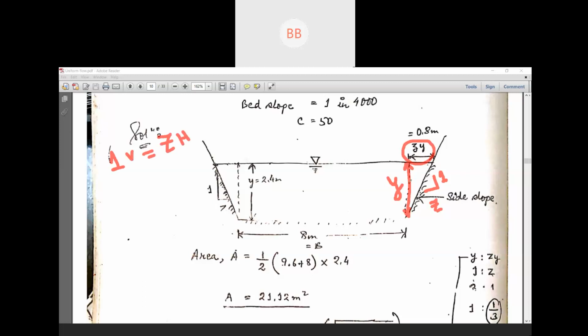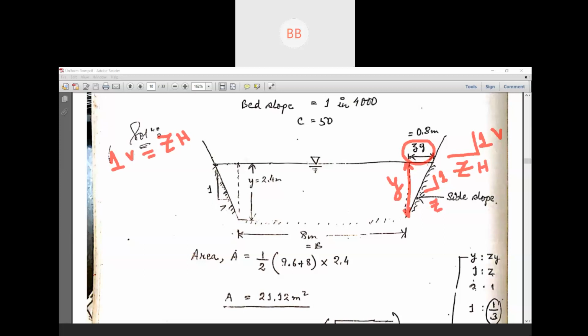In general, we always consider our side slope is 1 is to Z. One vertical is to Z horizontal. That means this is your vertical, and this is your horizontal, this is your Z. And this is your vertical. We have considered one vertical, Z horizontal. So we can write one vertical is equal to Z horizontal.